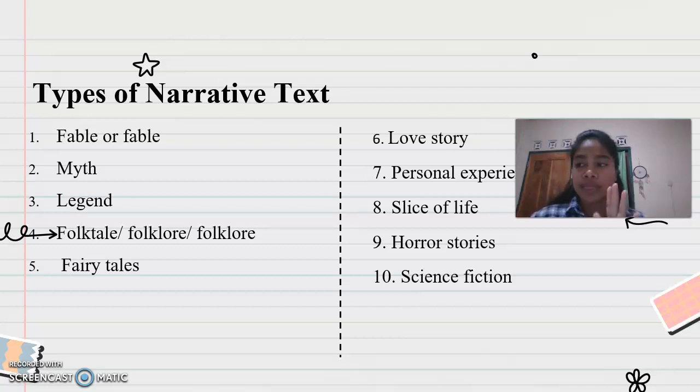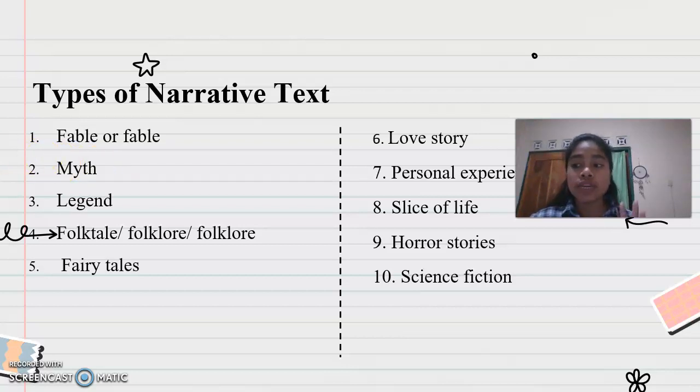Second is myth. Myth is a story that develops in society and is generally considered as a factual story or actually happened. For example, Ajisaka and Dewata Cengkar. Third is legend.